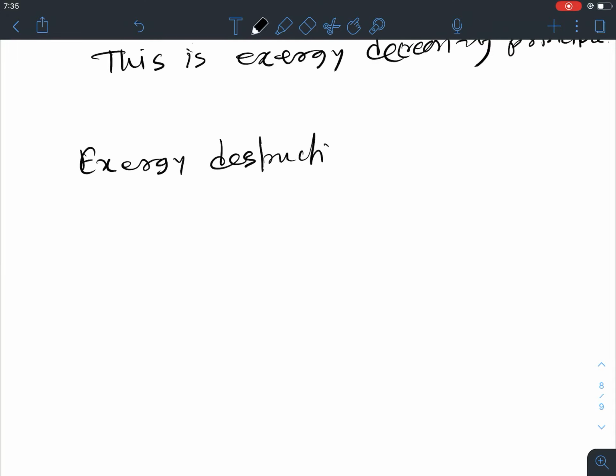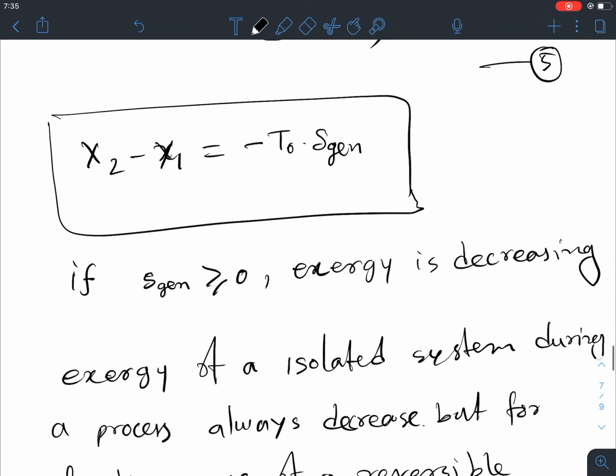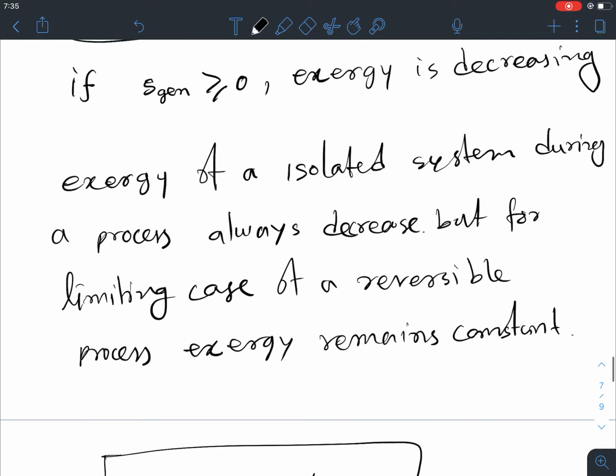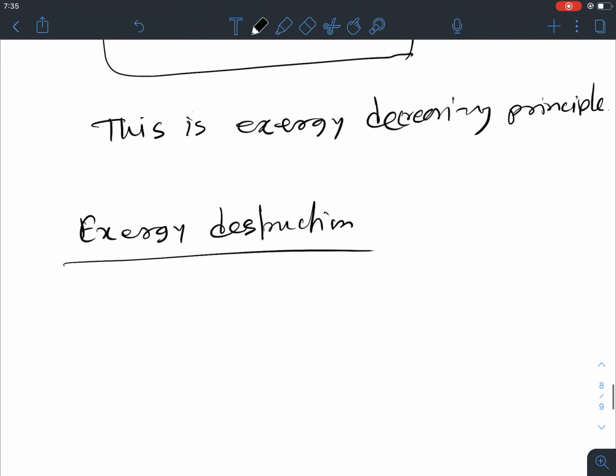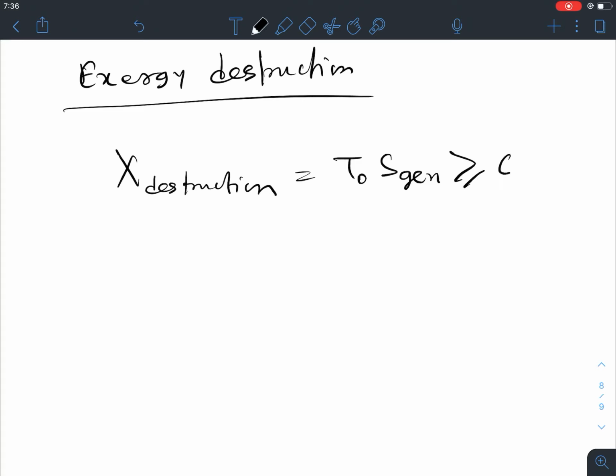Now what is the meaning of exergy destruction? From the above equation, we can see that exergy is either decreasing or remaining constant, right? So from this expression we can write the exergy destruction equals T naught of S gen, which is always greater than or equal to 0.